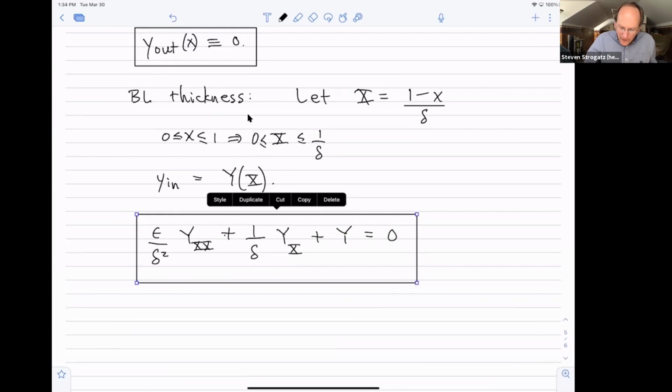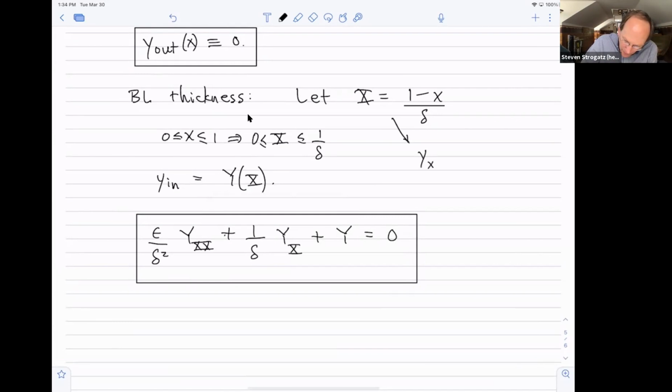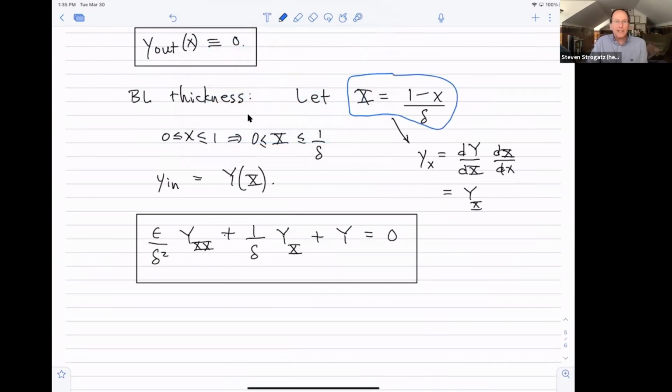I mean, where's the difference? It actually comes right from this step. When I calculate y sub x and change variables, when I do the move of writing d big Y, d big X, d big X, d little x, I get here y sub big X. But notice that because of this choice of variable, when I take d big X, d little x, I get a negative sign.